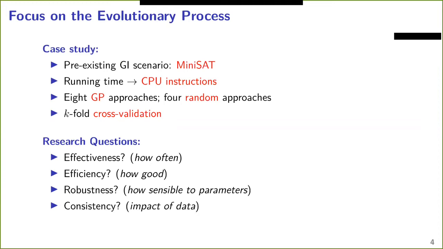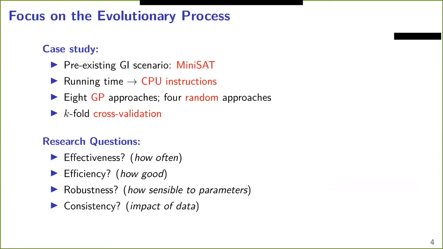We will target running time, and more precisely, as a proxy, the number of CPU instructions executed by Minisat. We will compare 8 slightly different GP approaches to a baseline of 4 random approaches. And finally, we will use an experimental protocol based on k-fold cross-validation instead of simply running GI once.